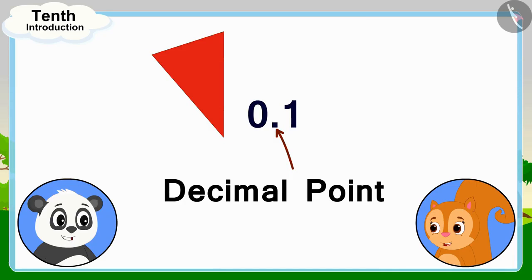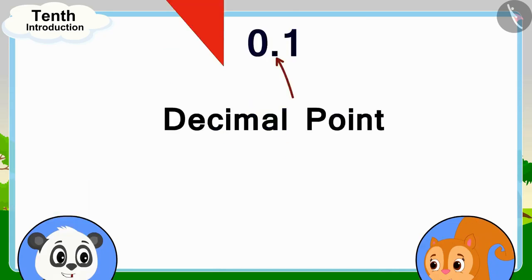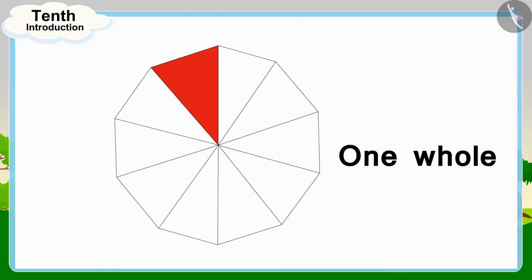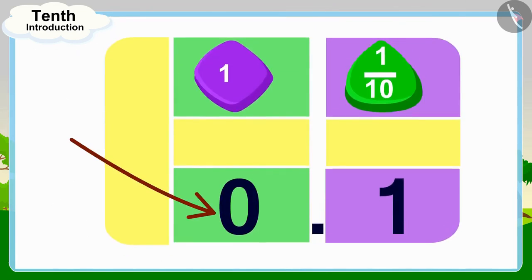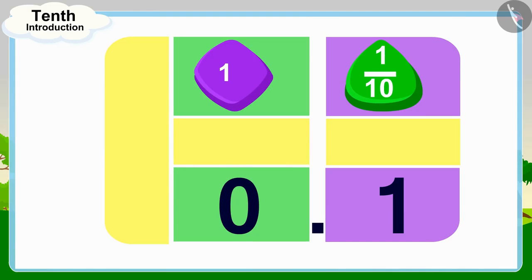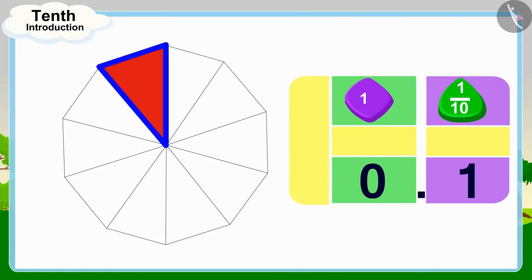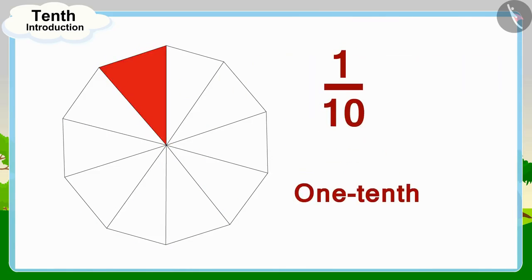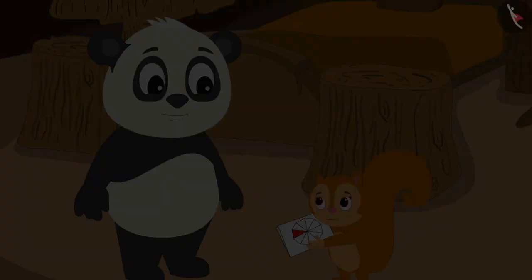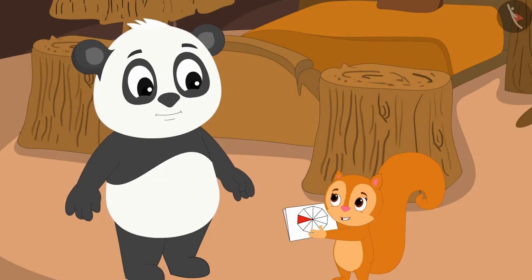And because this fraction is less than one whole, we write the number 0 in the units place before the decimal point. In this way, we write 1/10th part of your whole flower as 0.1.